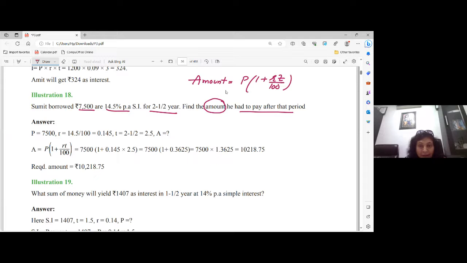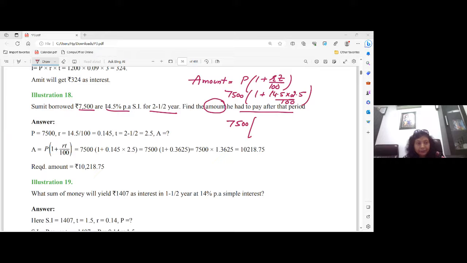So principal is 7500, 1 plus rate is 14.5, time is 2.5 upon 100. So simply calculate the value using a calculator, that is allowed in your syllabus, as per your curriculum.